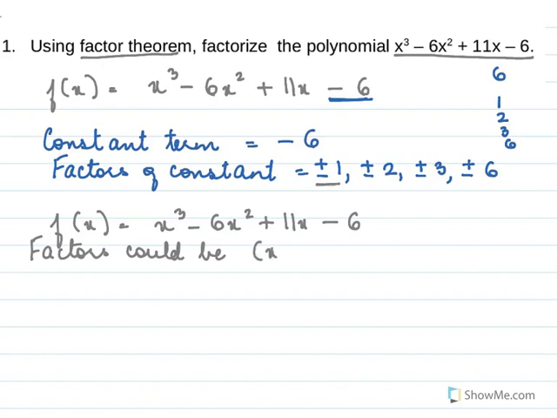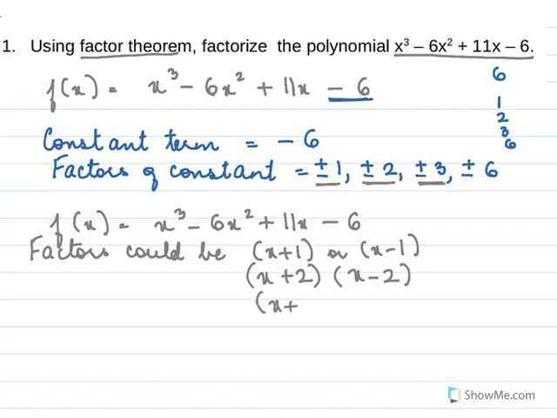So the factors could be x plus 1 or x minus 1. Next we take up plus minus 2, so it could be x plus 2 or x minus 2. Then we have plus minus 3, so the factors could be x plus 3 or x minus 3, or the factors could be x plus 6 or x minus 6. We do not know. These could be the factors of the polynomial.